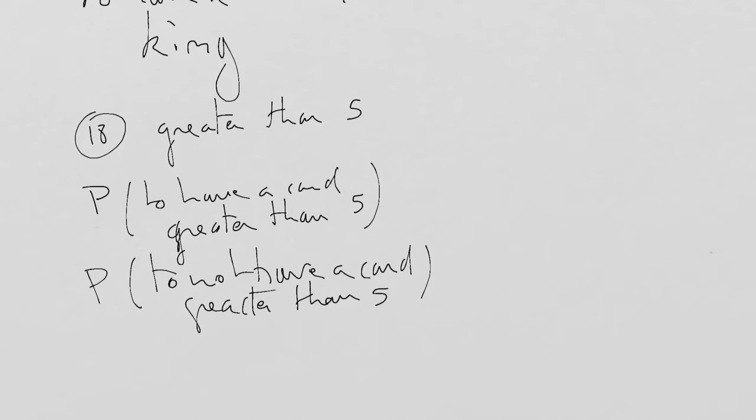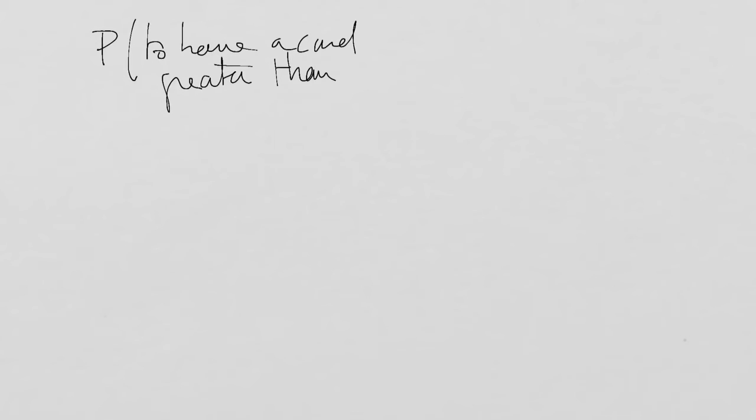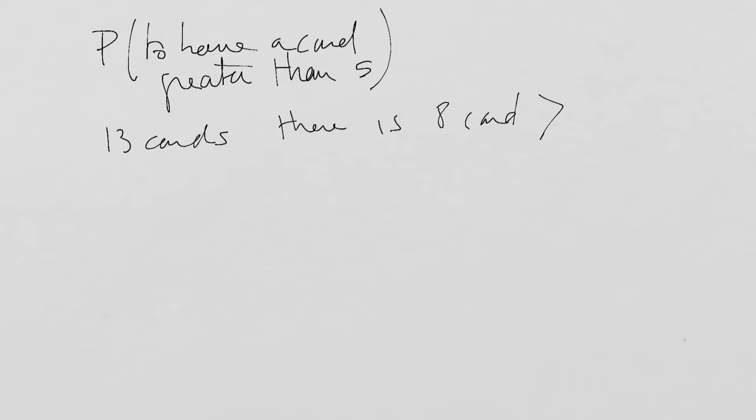All right, so how are we going to define the probability to have a card greater than 5? Well, if you count just the spades, for example, there are 13 cards, and there are 8 cards greater than 5.